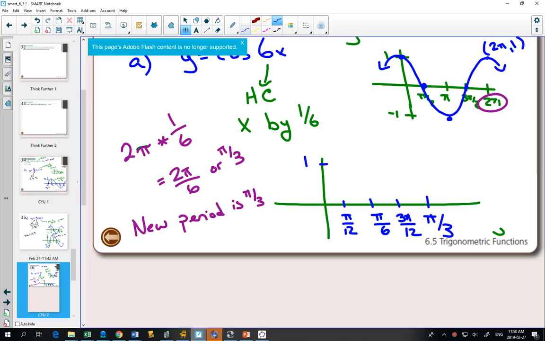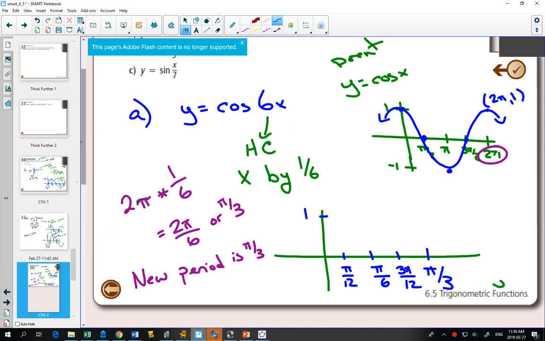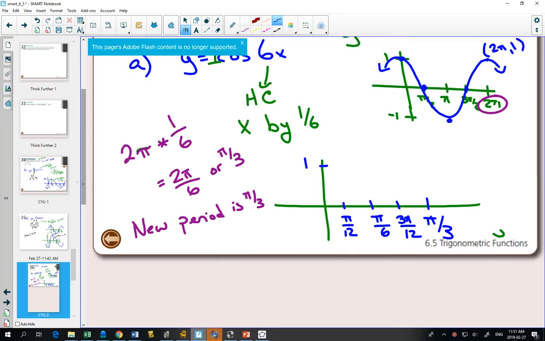And the shortcut that we're going to use for graphing this is to say, now that I have my new period, I know that my amplitude, because there's technically a 1 out in front, which means my amplitude is 1. My amplitude is 1, so that means going from my center line up, it'll be up to +1, down to -1. Where does a cosine graph start?